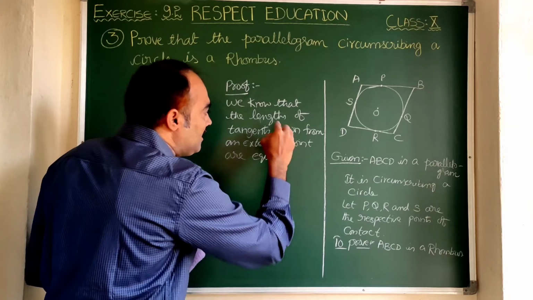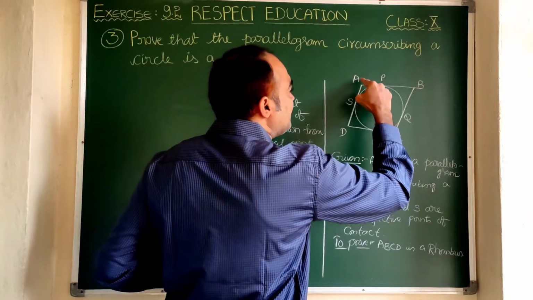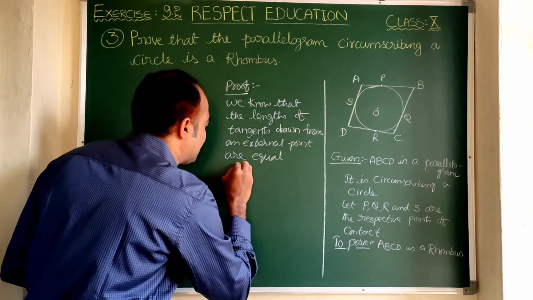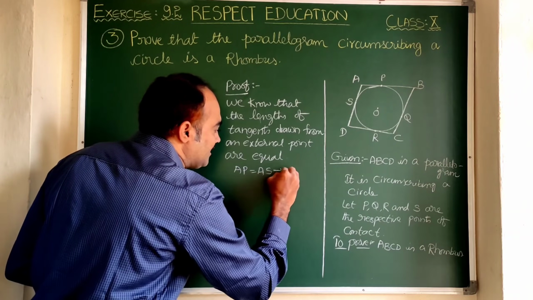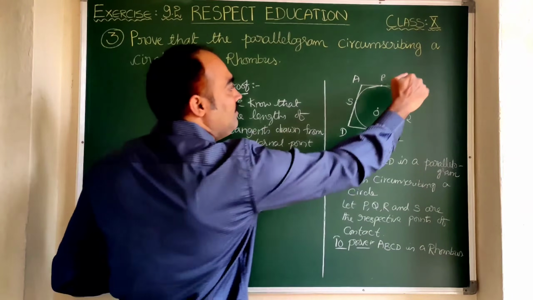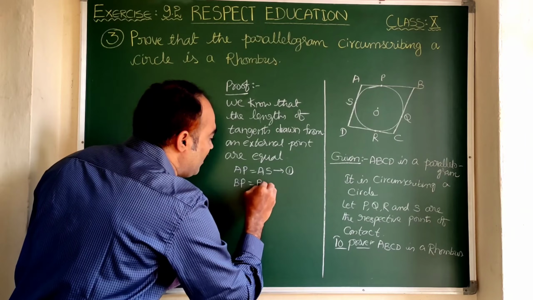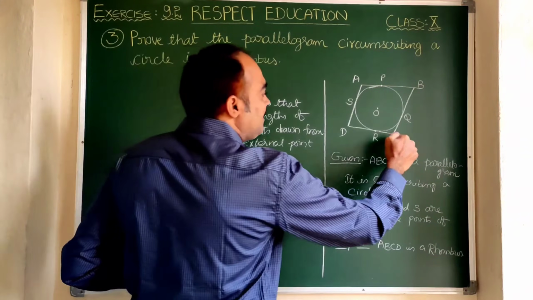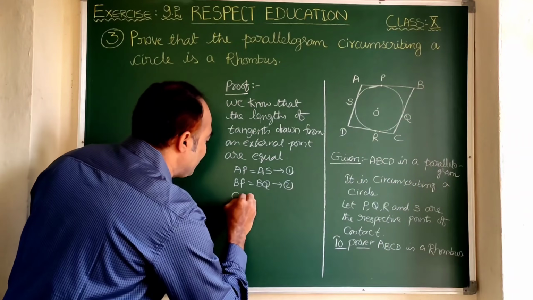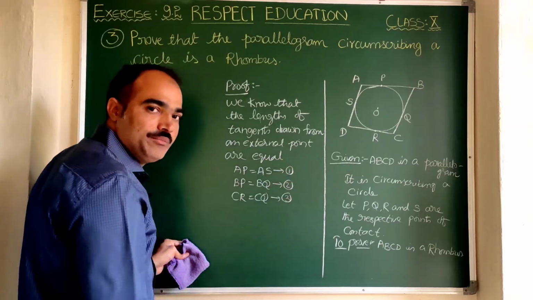So here based on this one reason only we can write all the tangents. Here you see AP is equal to AS. Let us take it as equation number 1. Same way BP is equal to BQ. Let us take it as equation number 2. Same way CR is equal to CQ. It can be taken as equation number 3.